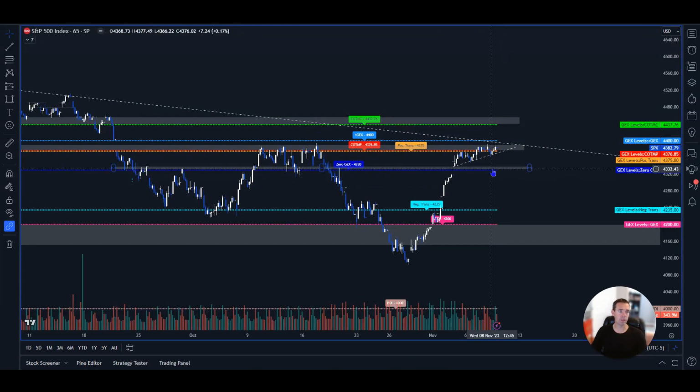So I'm going to be intently watching how this develops throughout the day and the rest of the week, as we're still call dominated, but we've had a significant move away from negative GEX at 4,200, and now we're pushing and stalling into these supply levels overhead at 4375 and 4,400. How we consolidate this will be important for our next move, either to the upside or a backfill, possibly down towards a 4,300 level retest. So we'll continue to watch this and see how it plays out.